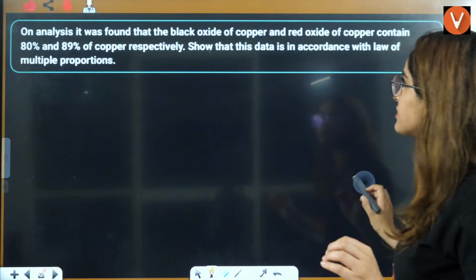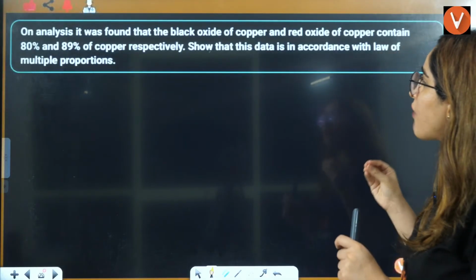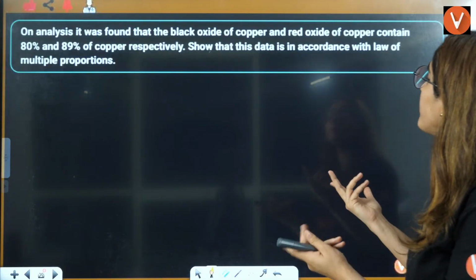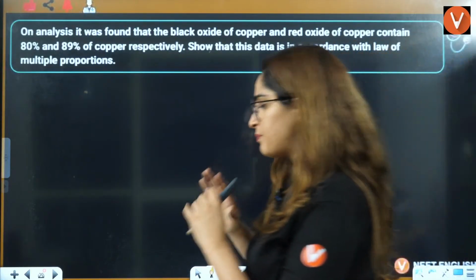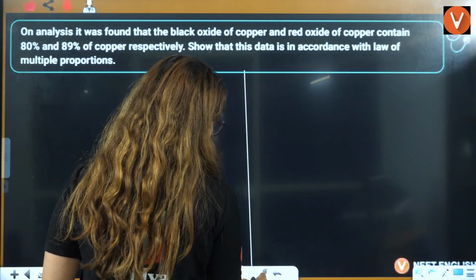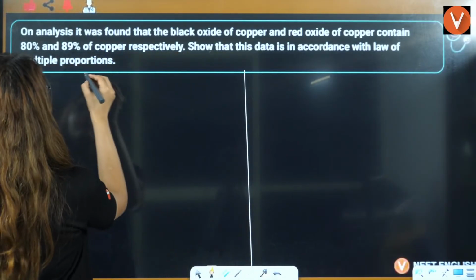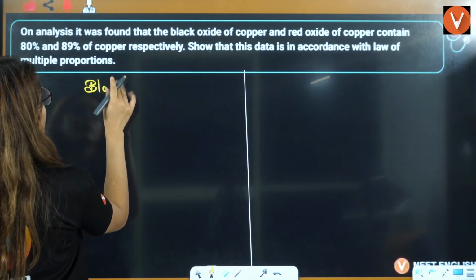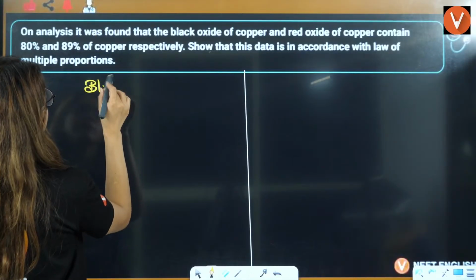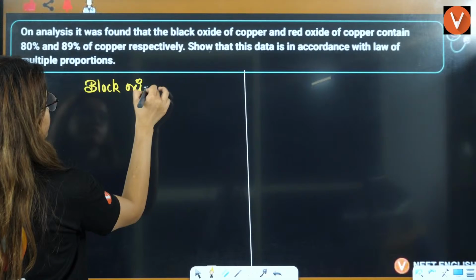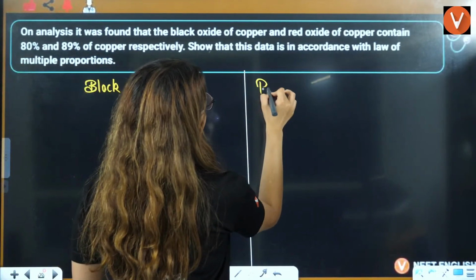So, the question is, on analysis, it was found that black oxide of copper and red oxide of copper contain 89%. So, what you have here is black oxide of copper. Let's say you have no idea what black oxide is. This is red oxide.